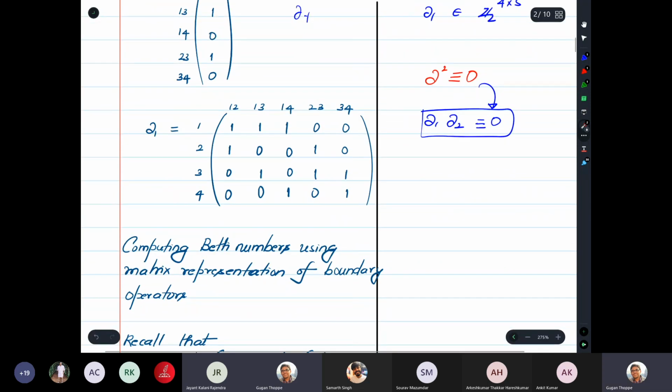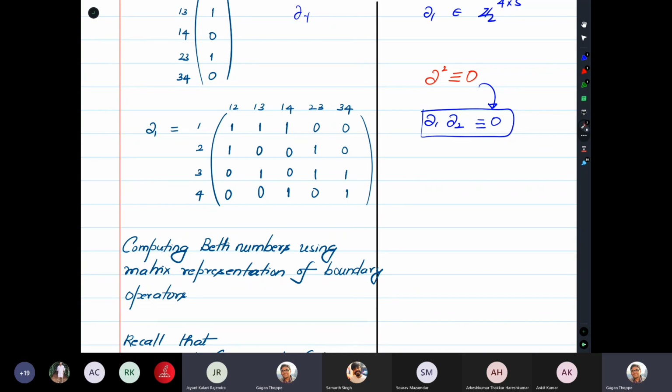All right. So now we are interested in computing the Betti numbers using the matrix representation of the boundary operators. We know how to compute the Betti numbers by looking at the homology groups, figuring out what the basis is, and thereafter looking at the dimension of that homology group.